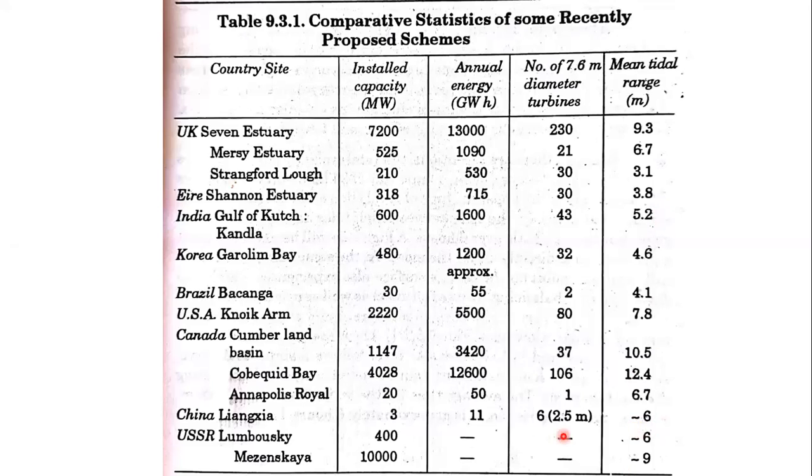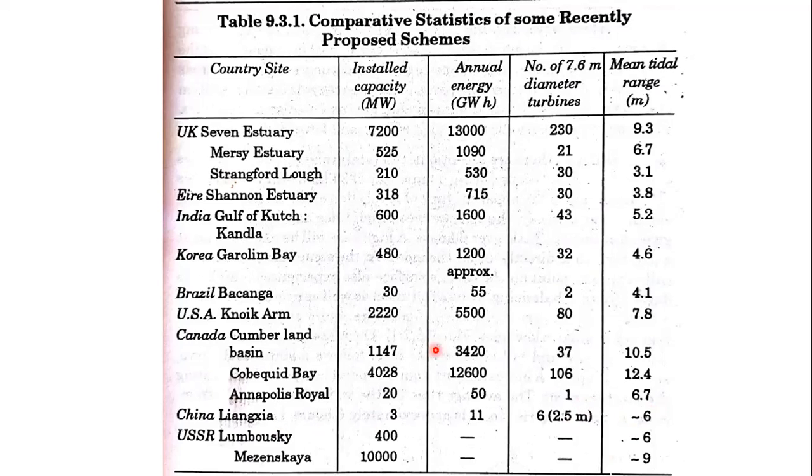It has an installed capacity of only 3 megawatts, and annually it delivers only 11 gigawatt hours of power, because only 6 turbines are installed, of only 2.5 meters diameter. So it shows that this country is not showing much interest in these turbines or tidal power.